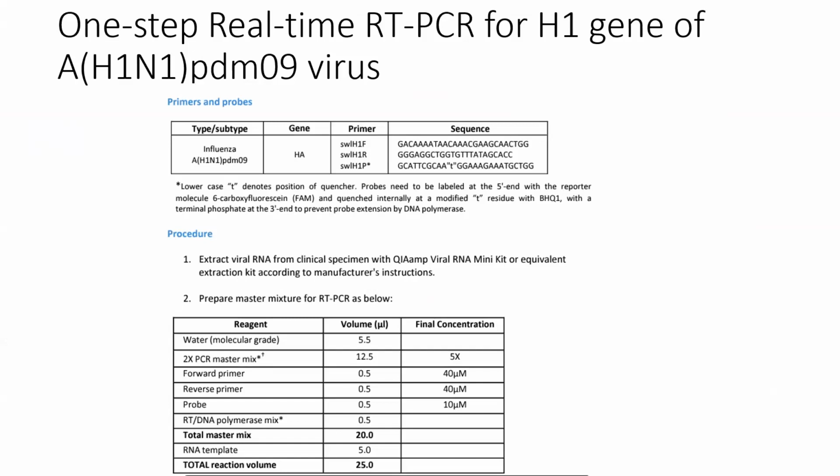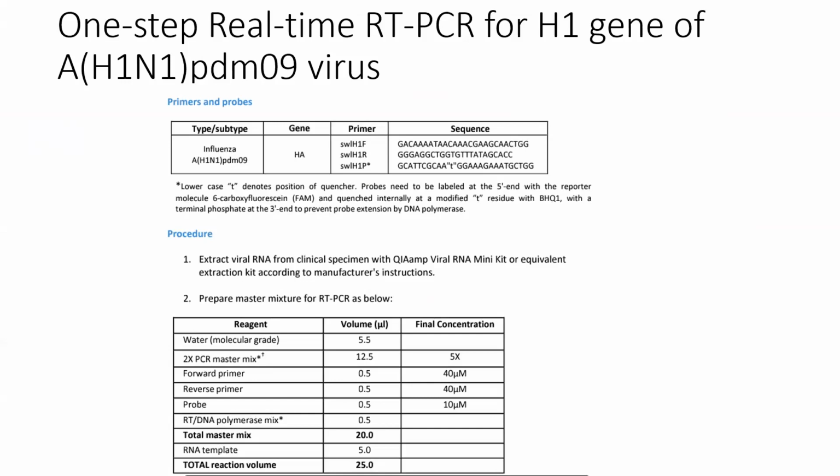The next one was the master mix, where the concentration was important: the forward primer, the reverse primer, that is, these above ones, and the concentration of the probe. Sometimes the master mix has the polymerase, or Taq polymerase, added, and sometimes it is not.